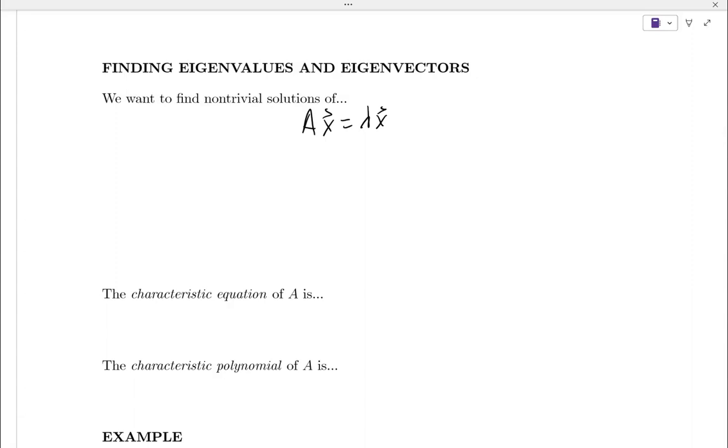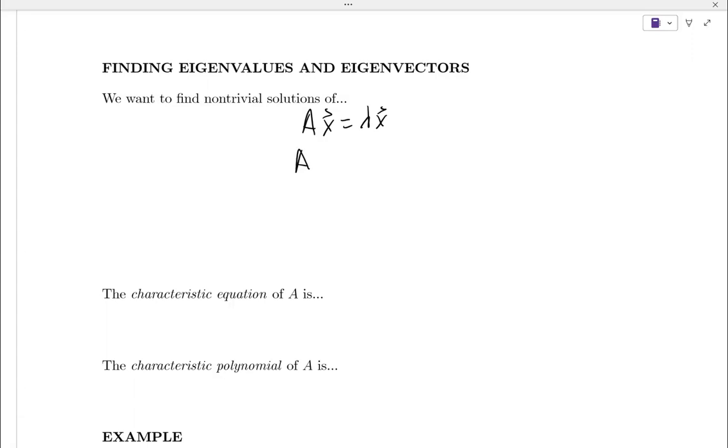Again, the whole goal of this is to replace matrix multiplication with scalar multiplication. So I want to find all the vectors that I can do that with, right? That's the idea. So we want to solve this particular system, and we want non-trivial solutions. Certainly if I put the 0 vector in on both sides, I get 0. That's not the interesting case, right?